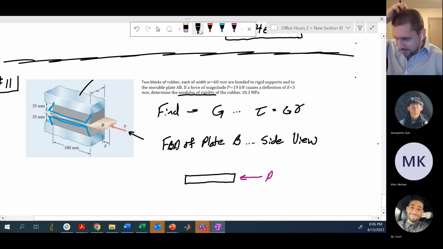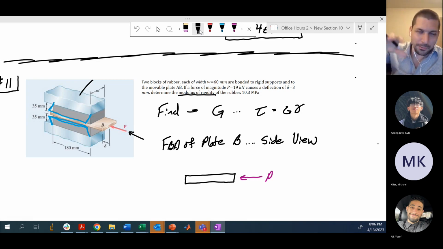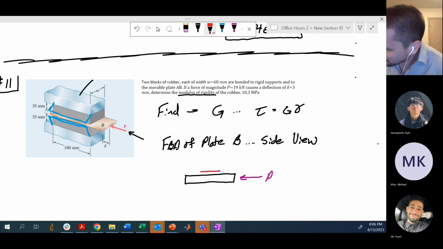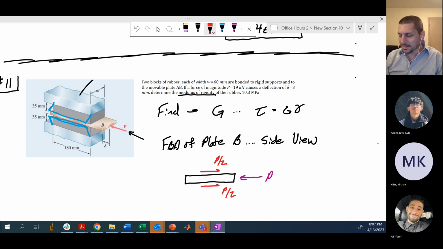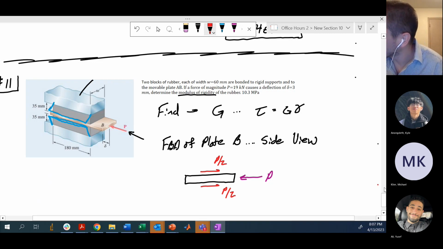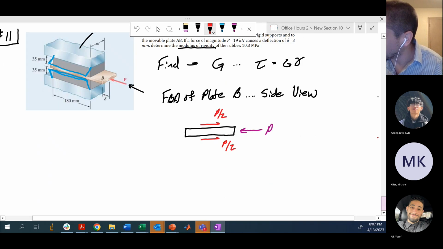In order to balance that load P, the rubber bricks on the top and the bottom must be providing some shear force equal and opposite, which is P over 2. Each of those rubber pieces has the load P over 2 providing resistance to the force P that you're pressing this plate into the assembly with. Hopefully that's clear.